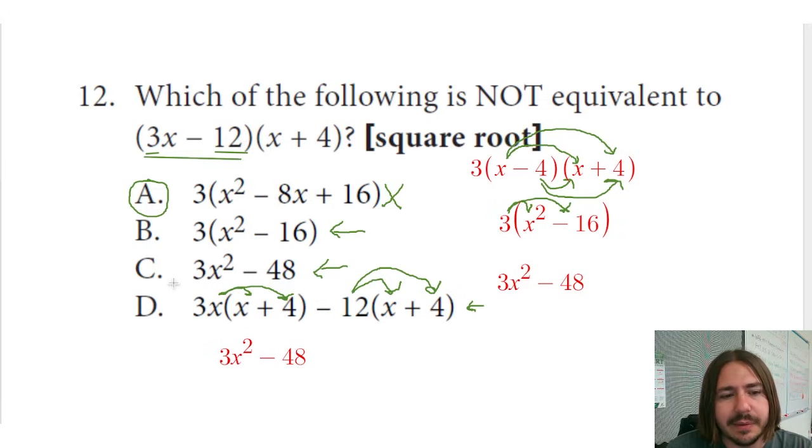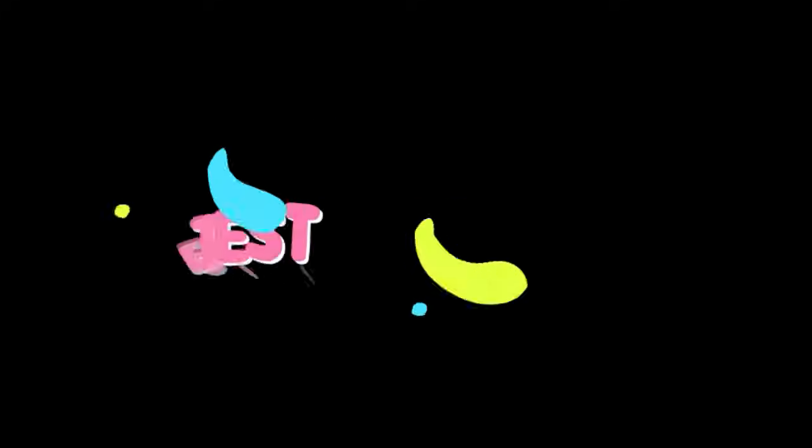And what you're going to see is that B, C, and D are all going to give you the same number once you plug it in and throw it in your calculator, and A will give you something different for most x values. Now, if you choose an x value and they all look to be the same, then just pick a different one, and you'll eventually come up with one. It shouldn't take more than like 1 or 2 guesses to come up with one that's going to give you the answer. So anyway, that's all for number 12.